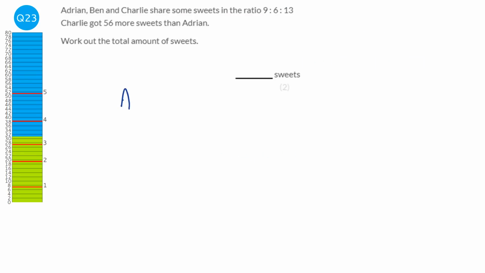So this question says that Adrian, Ben and Charlie have some sweets, and the ratio of Adrian to Ben to Charlie is 9:6:13. But it also says that Charlie got 56 more sweets than Adrian.